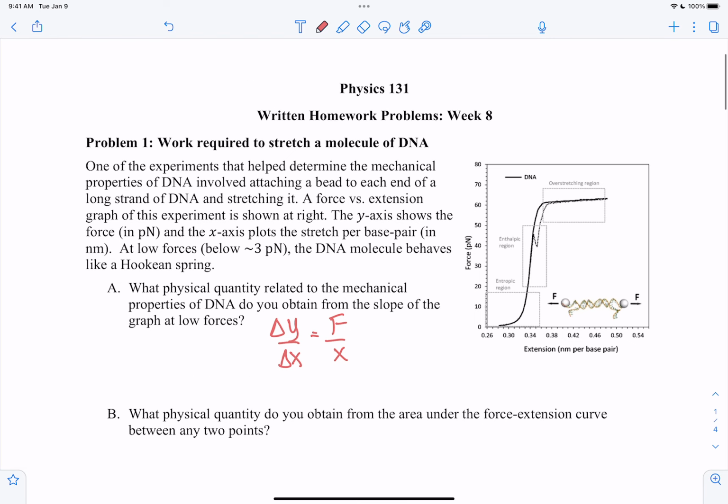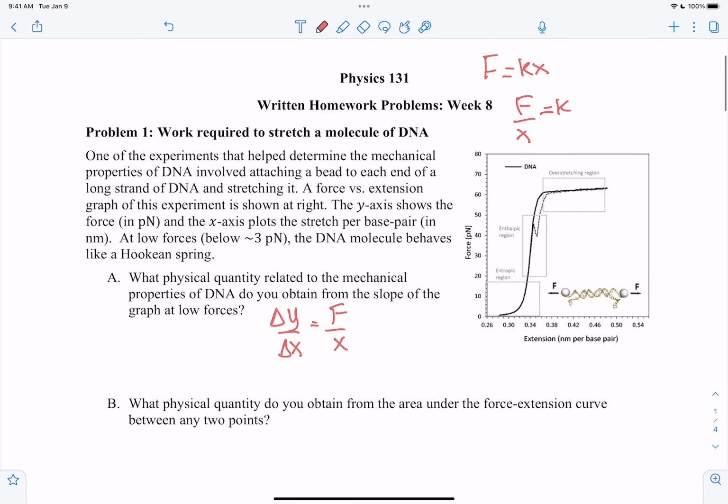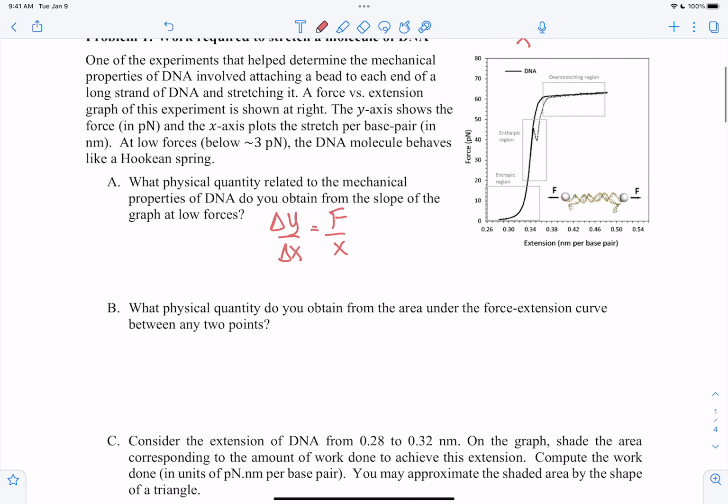And so remember what I said earlier, where F is equal to kx. Well, if F over x is equal to k, then the physical quantity related to the slope that you get is just, like Christian said, the spring constant. Just the spring constant of DNA.